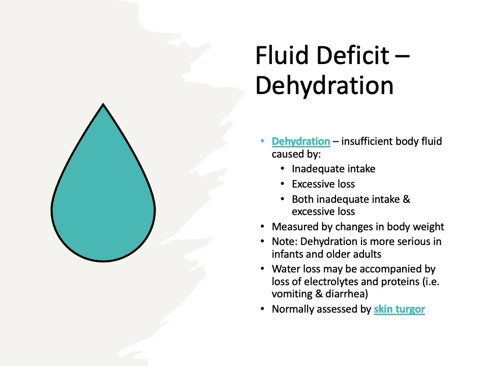It's also important to note that because of these changes, dehydration is more serious in those that are younger or infants and those that are older, because they are most affected. For infants, a lot of their body water composition is greater, and it's really hard to replace fluid in an infant.